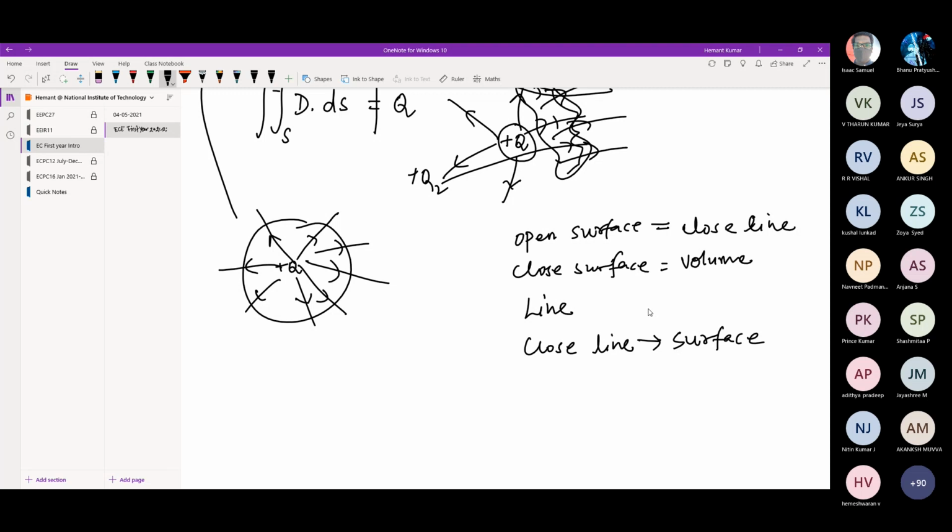A line is simply a connection of infinite points, where the end points are different. So this is the main difference here.